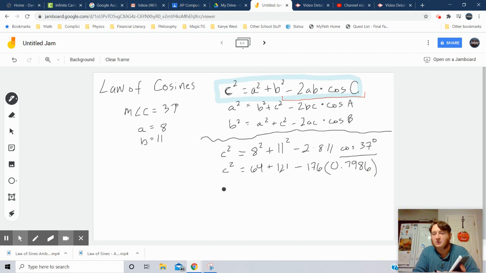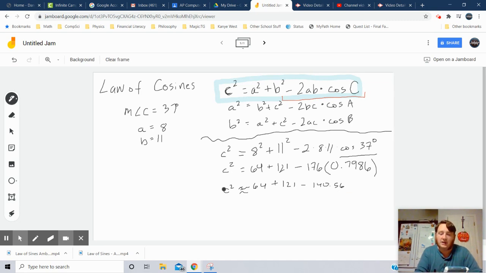So I'm going to multiply that decimal on my screen by 176, and you get about 140.56 if you just do two decimal places. So 64 plus 121 minus 140.56. And we've estimated, really, that's wavy equals, approximately equals now.